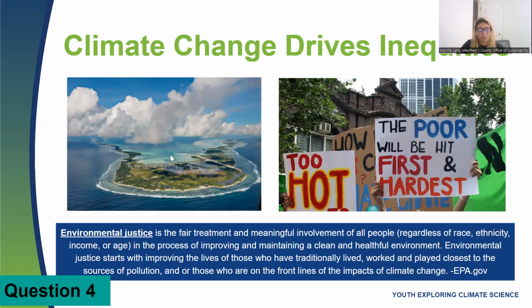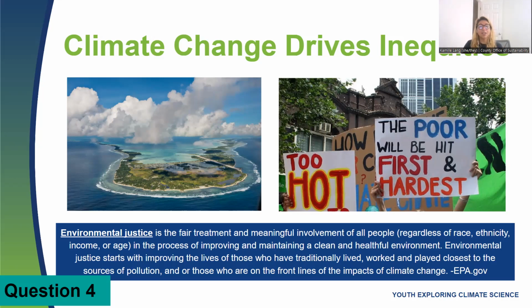This is a developing country, and it is now having to move away because of sea level rise. That's not equitable. That doesn't incorporate equity into the process. So climate change doesn't impact everyone exactly the same, and it's not fair that that happens.